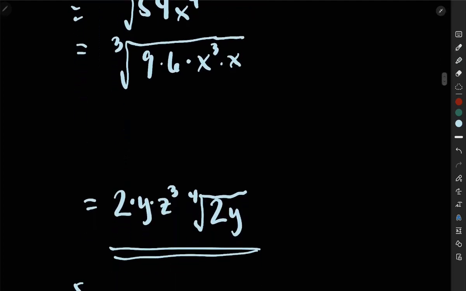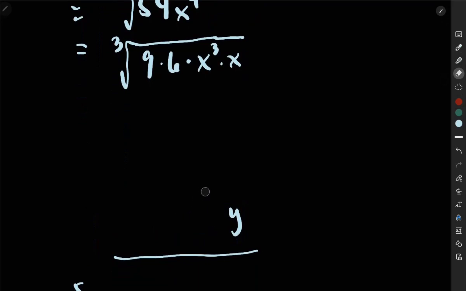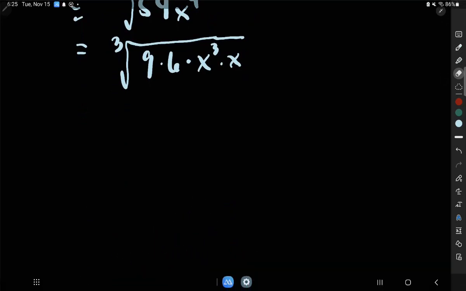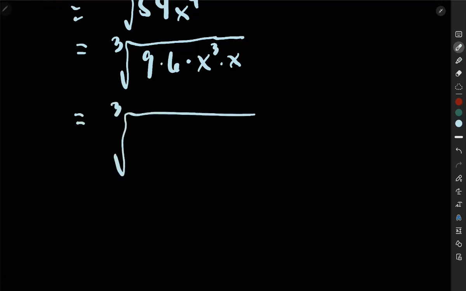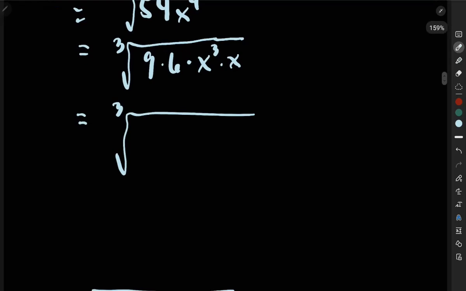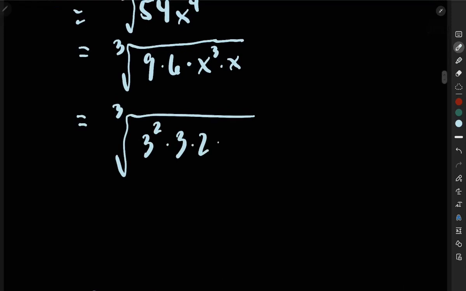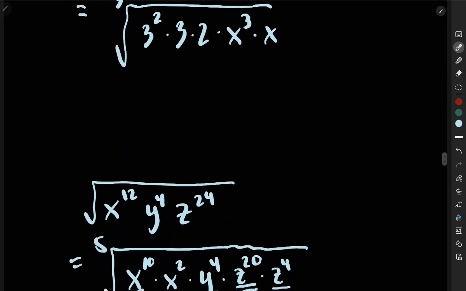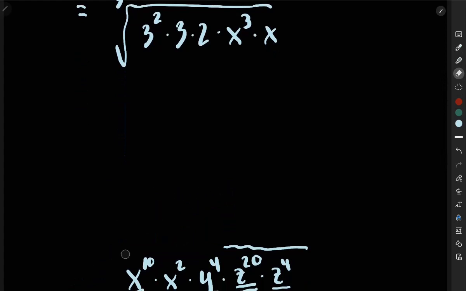Okay, so let's erase the previous example. And then let's write the 9 as 3 squared, and the 6 into 3 times 2. Then copy the x cubed and x.